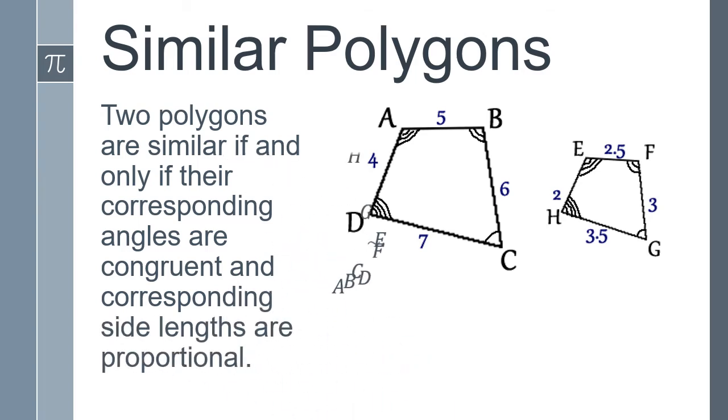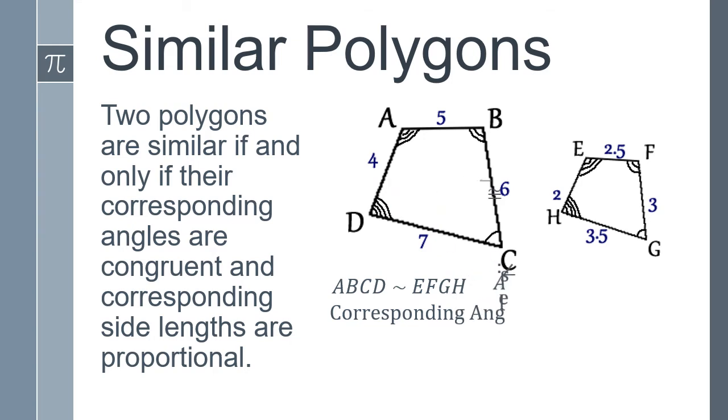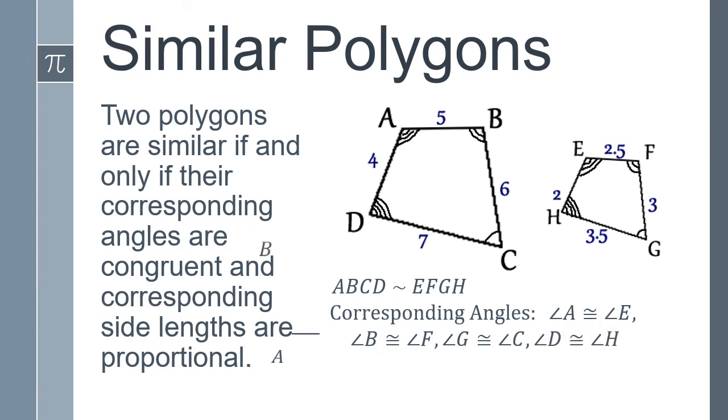Two polygons are similar if and only if their corresponding angles are congruent and the corresponding side lengths are proportional. So the congruence makes the same shape. The side lengths being in proportion, that's what gives us our reduction or our dilation.